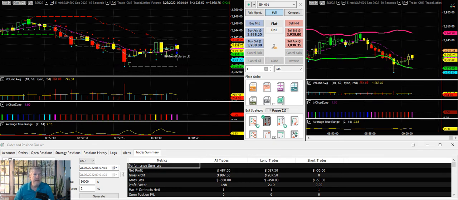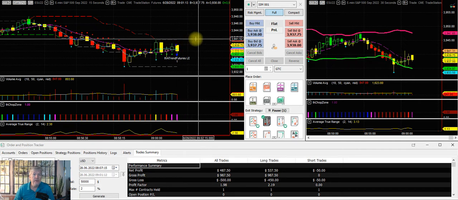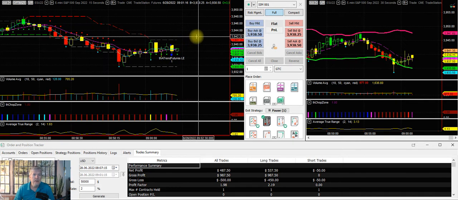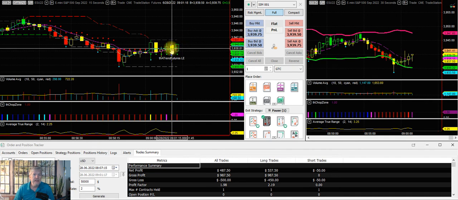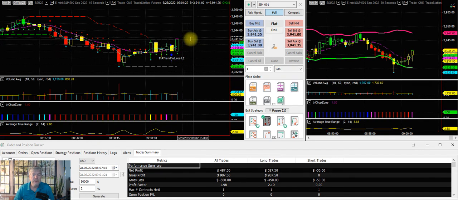There we've got actually an entry on the futures algo that I've got programmed here on the chart. I've got it set, we can look at the settings, but it's taking a long trade here.